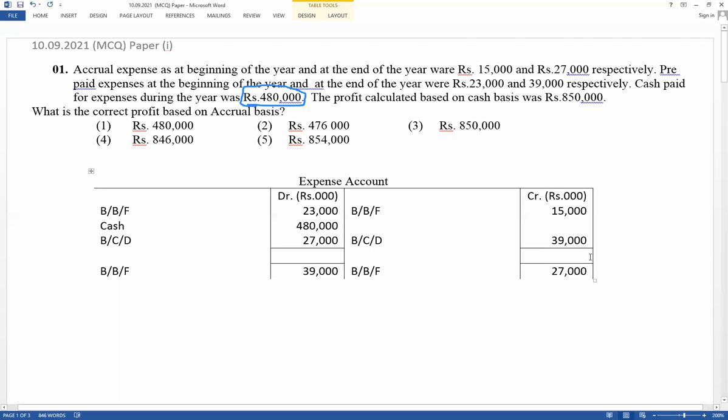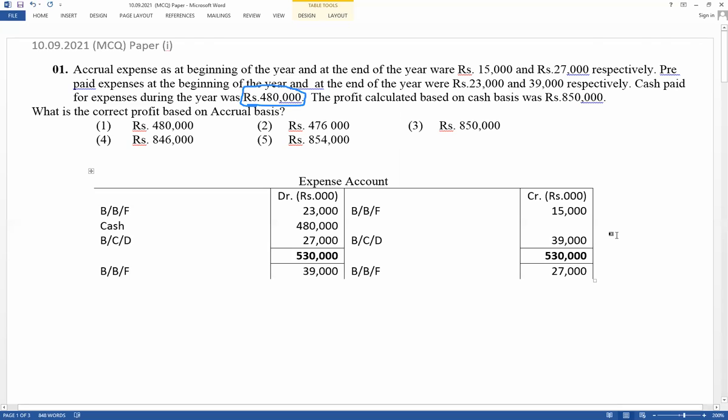Then close the expense account to recognize the value for the year. Take the debit side total. Therefore the debit side total equals 530,000. Take that value to the other side, 530,000. Then the difference value should be taken to the income statement.